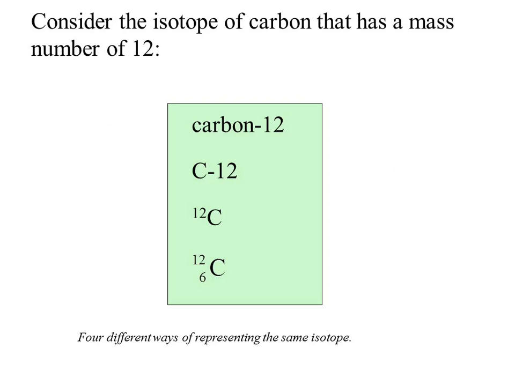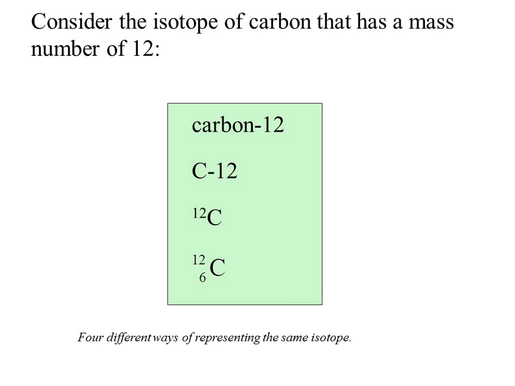Because the atomic number actually is given in the symbol, if you think of it that way. If I threw at you the element carbon, you would find carbon on the periodic table. You would see that it has 6 protons in its nucleus. Its atomic number is 6. But somebody would have to clear things up and give you the mass number to tell you which isotope of carbon we're talking about.